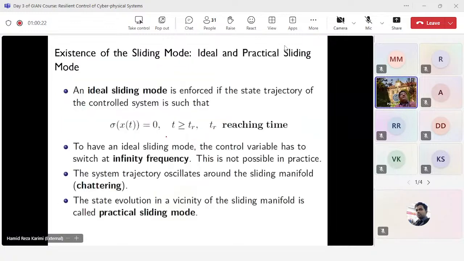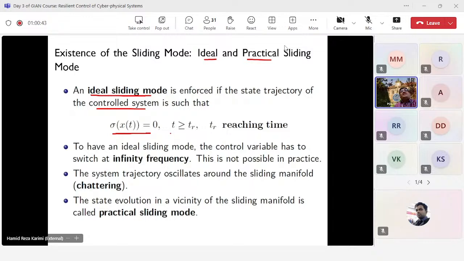Okay, so now the existence of the sliding mode: the ideal and practical sliding mode. So what are the ideal and the practical sliding mode? The ideal sliding mode is enforced if the state trajectory of the control system is such that sigma x is zero.